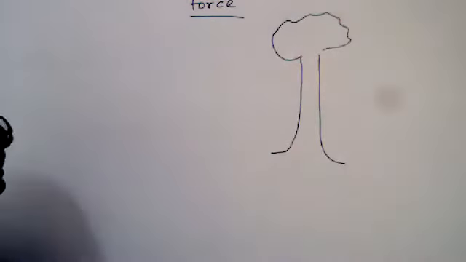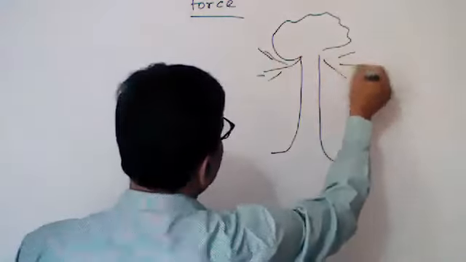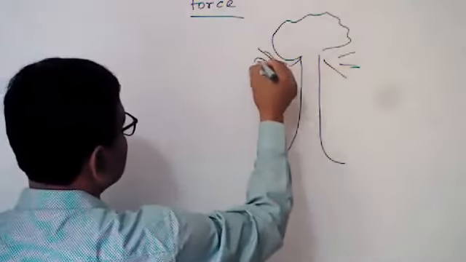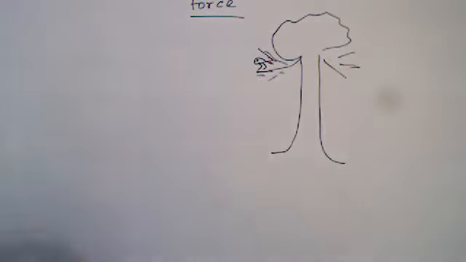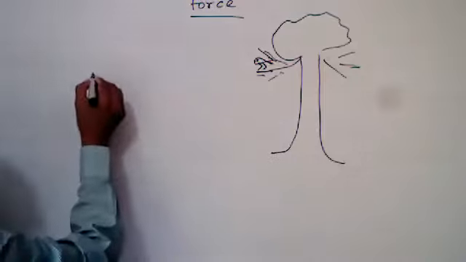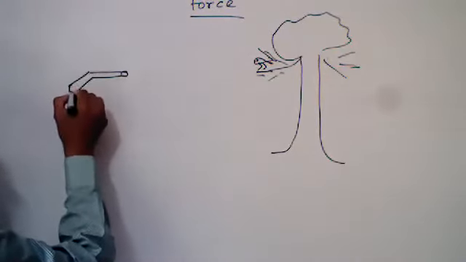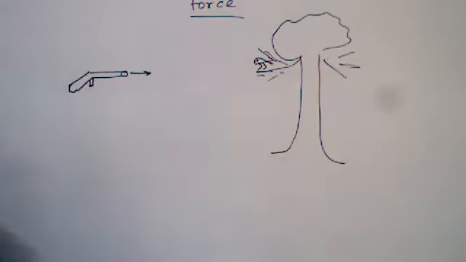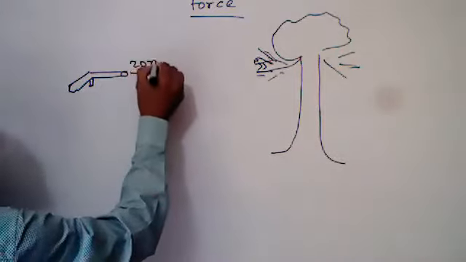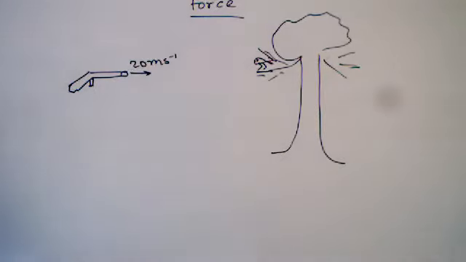This is a tree, and there is some branch of this tree, and here is a bird sitting on the tree. A shooter shoots a bullet from the gun with a velocity of 20 meters per second.